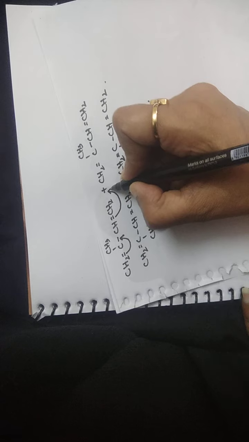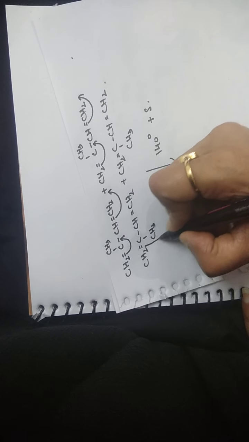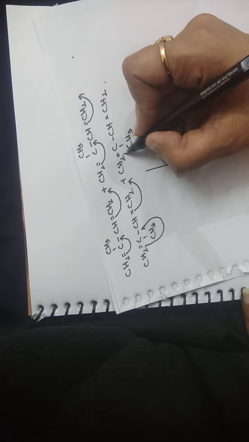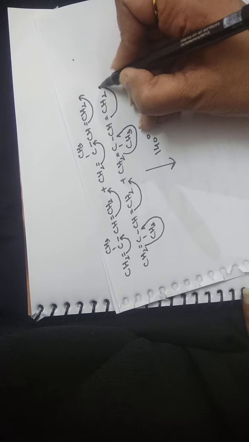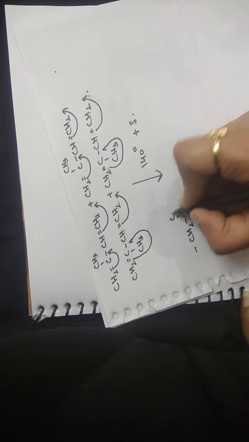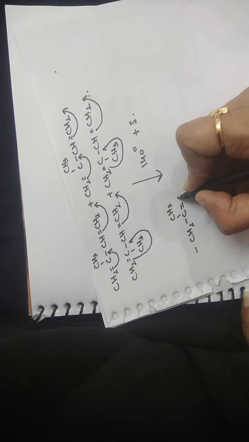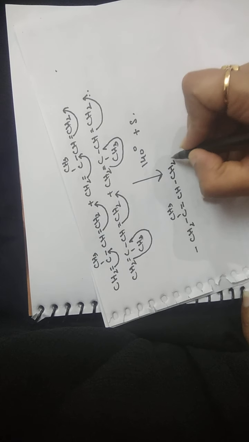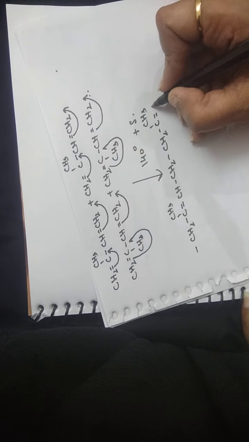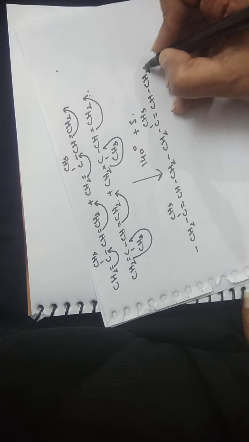This double bond will come between these two carbons. Then this double bond will move here and this double bond will move out. Similarly, this bond will come here. This double bond will come between these two carbons. This double bond moves here and this double bond will move out. So two monomers will get joined up. The structure becomes CH2, CH3, =CH, CH2, CH2. I am joining the second monomer, =CH, CH2.